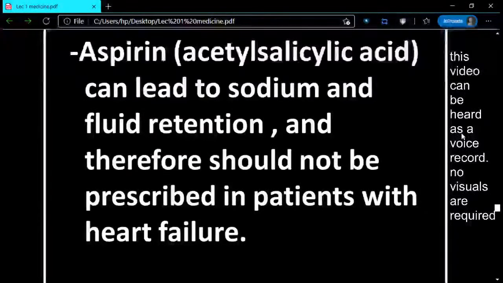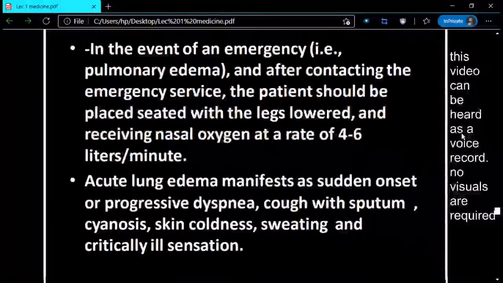Salicylic acid leads to sodium retention. Therefore, it's not good for heart patients.